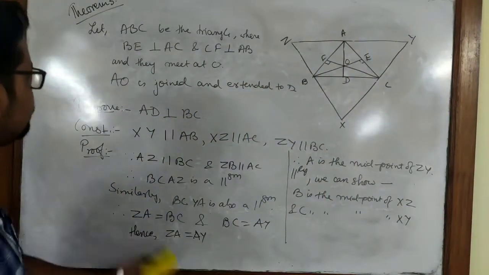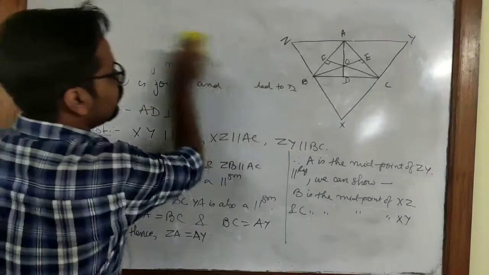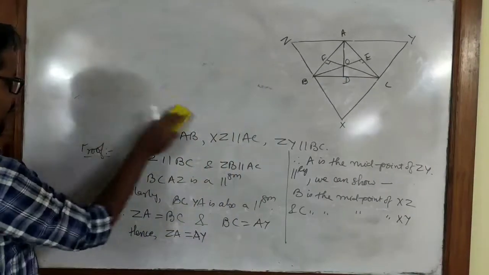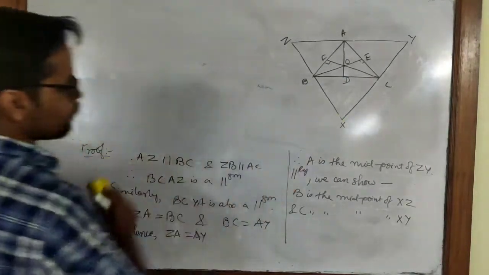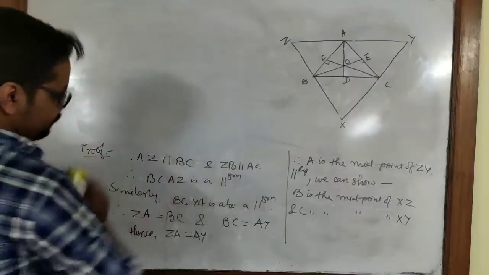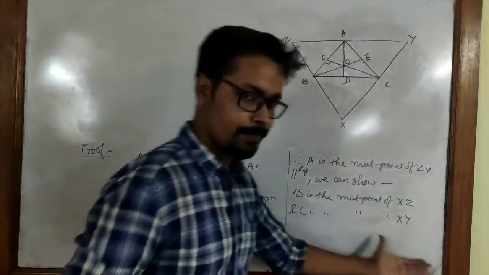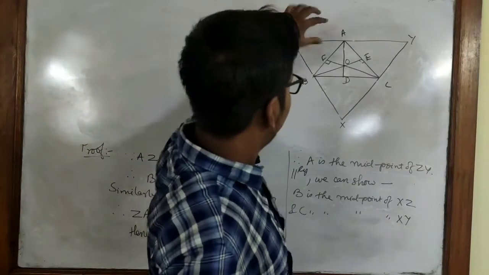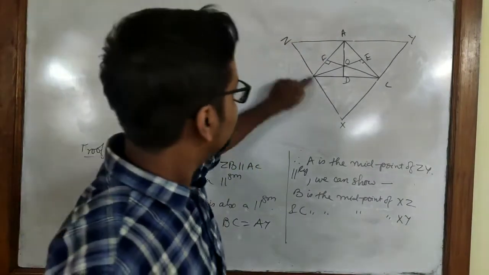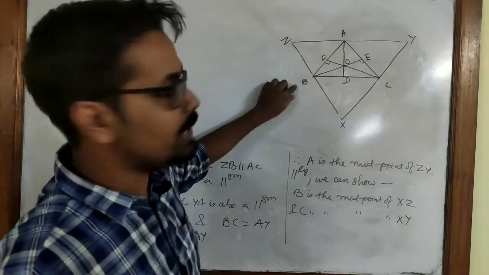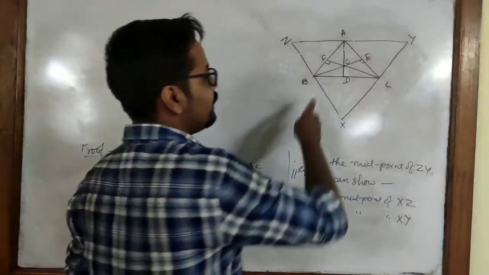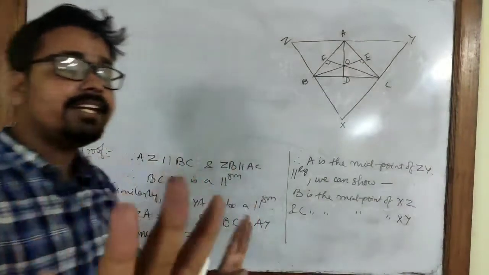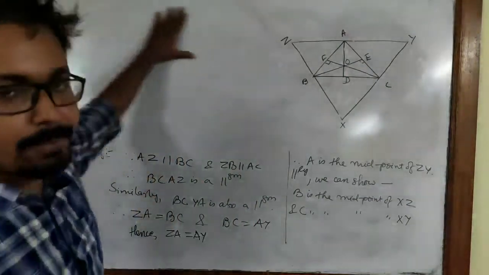Let me erase this part. So what can we say? Now why have we done this? What is the use? Let's consider this part. BX and BZ are equal, B is the midpoint. Now we have said that BE is perpendicular to AC, we have taken it into consideration in our let part.